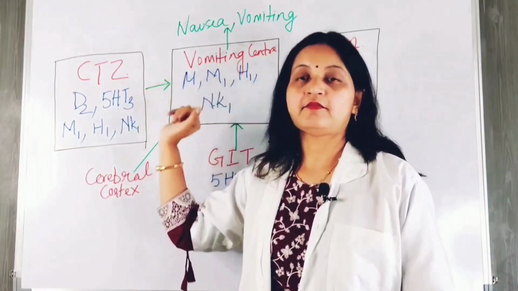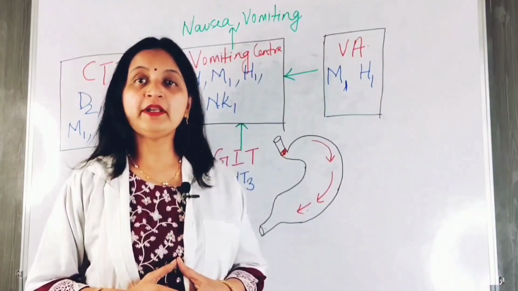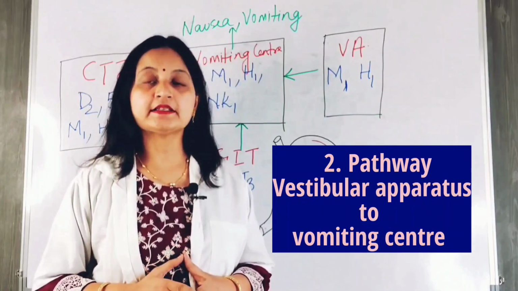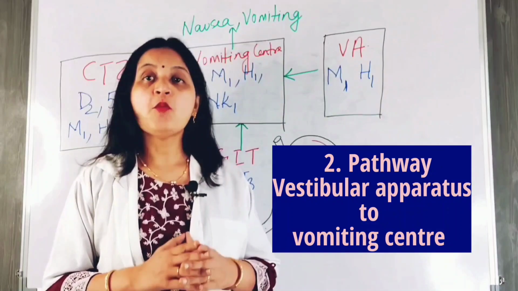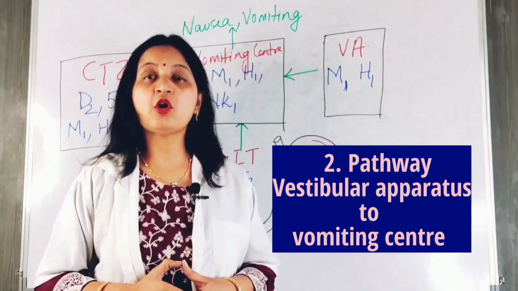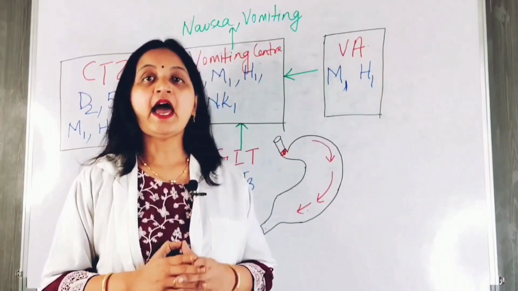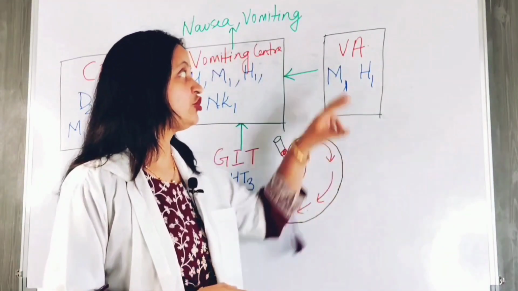Therefore, drugs such as dopamine antagonists, 5-HT3 antagonists, antimuscarinic agents, and anticholinergic agents block these receptors and prevent or treat nausea and vomiting. The second pathway through which the vomiting center receives impulses is through the vestibular apparatus or the vestibular nucleus. Motion during brisk journeys or long journeys is known to stimulate the labyrinth of the inner ear, and the vestibular apparatus gets stimulated.